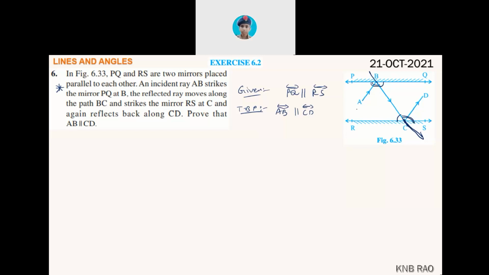Then angle ABC is equal to angle BCD? Why? They are corresponding angles. No, it will not be equal.